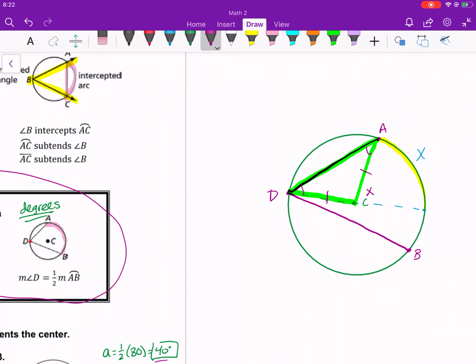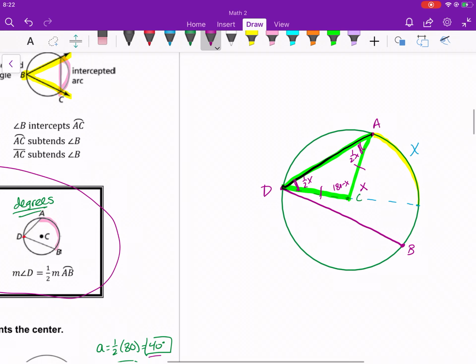This right here will still be x. And in fact, I said last time this is just 180 minus x, but you should know that these two angles right here should add up to x, okay? So the angle right here and right here should add up to x, meaning since they're the same, they both have to be half of x, okay?